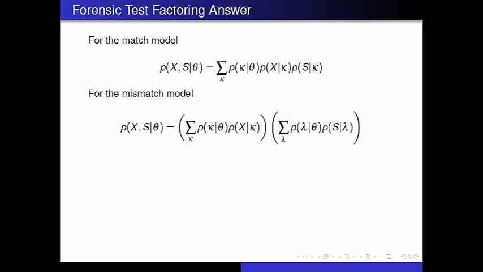Everything inside this summation, we could just rewrite as probability of x, s, kappa given theta, right? So we're actually summing over something that is a subject variable, and that's totally legal. We just are eliminating it from the joint probability to get probability of x comma s given theta.